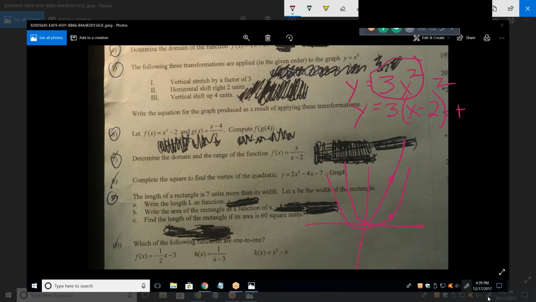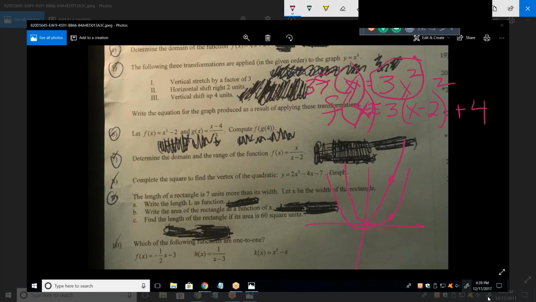All vertical transformations are outside of the function. All horizontal transformations are inside. When I mean outside or inside, you can almost assume parentheses, but not really. We're really writing this as f of x, not y. And now any transformation I have, if it's a 3, that's outside the function. If it's horizontal, it's inside the function. And if it's vertical, it's f of x plus 4, outside the function.